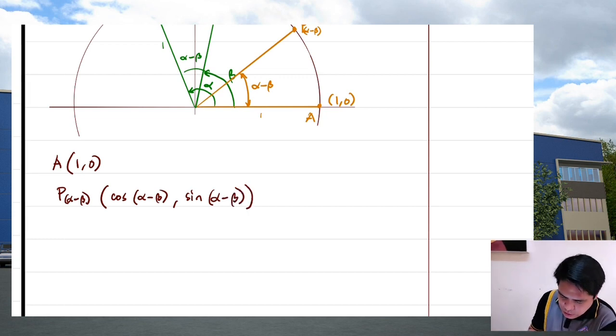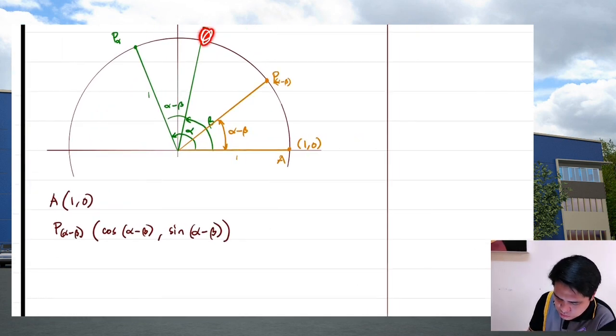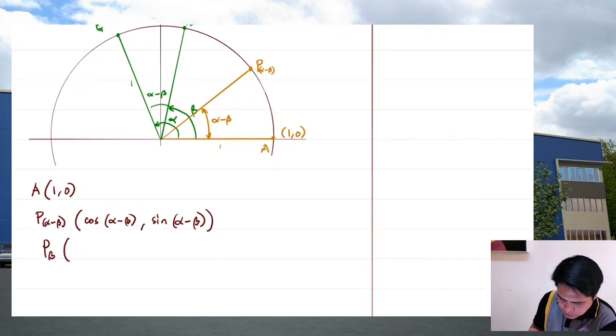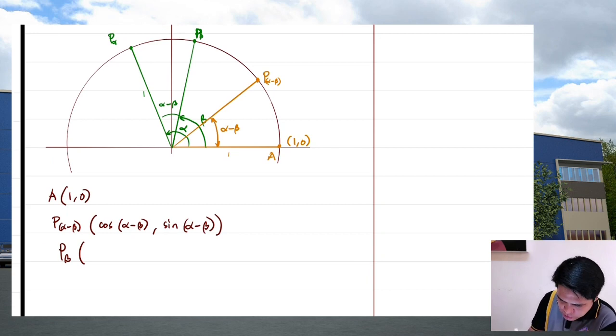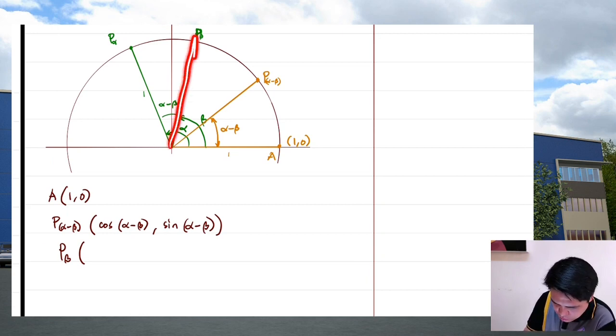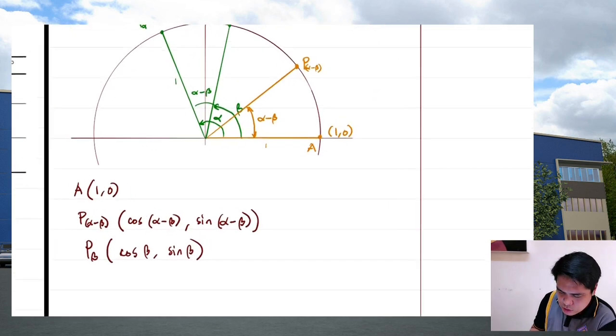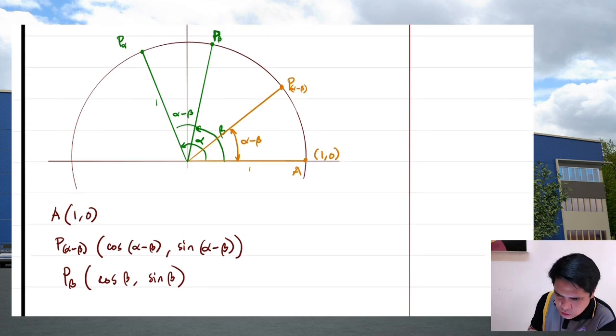Okay? Then, how about this point? P sub beta. For P sub beta, of course, ito siya na triangle. So, yung angle natin is beta. So, therefore, this is just 1 cosine beta. Of course, yung sa y naman is 1 sine beta. So, that's its coordinate. Sunod is this.